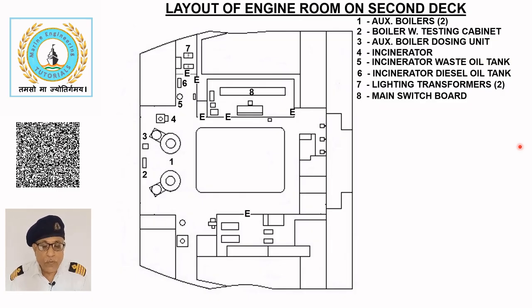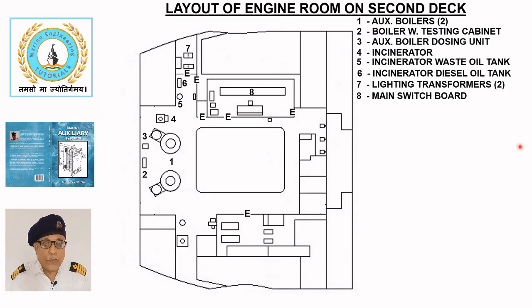It is equipped with safety devices to protect individual generators against overload, undervoltage, frequency variation, reverse power, low insulation resistance, and other faults. During normal operation, it also supplies power to the emergency switchboard.